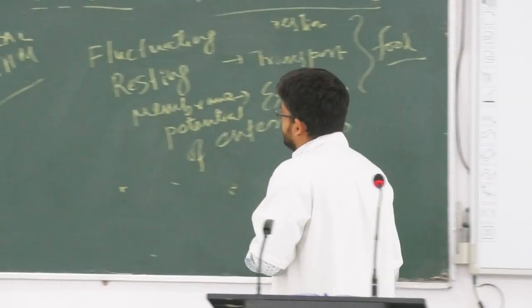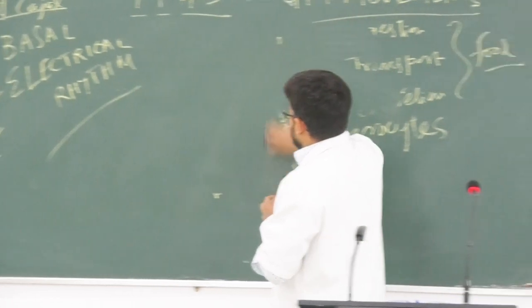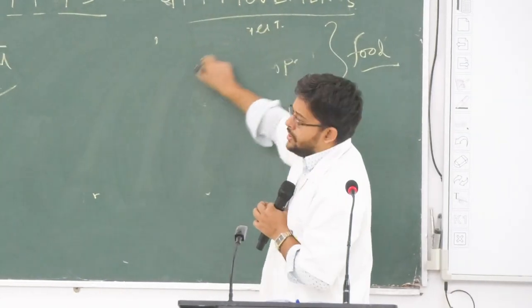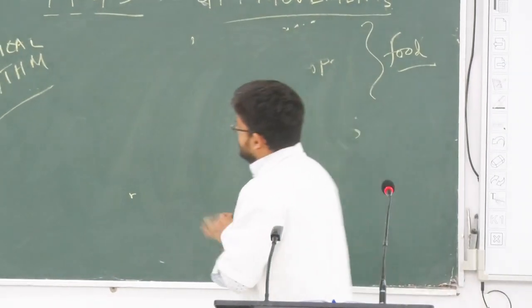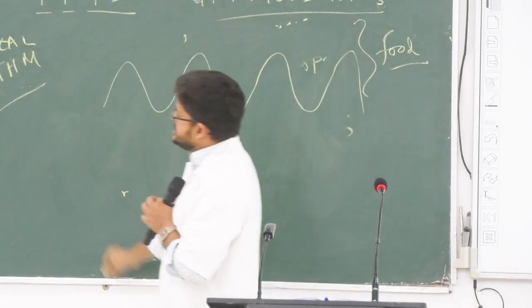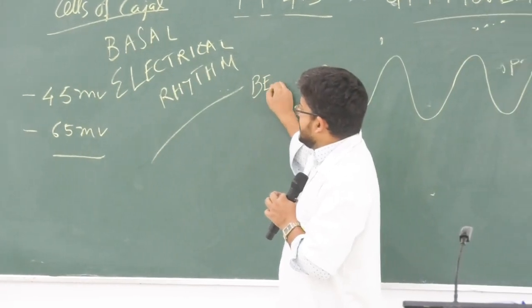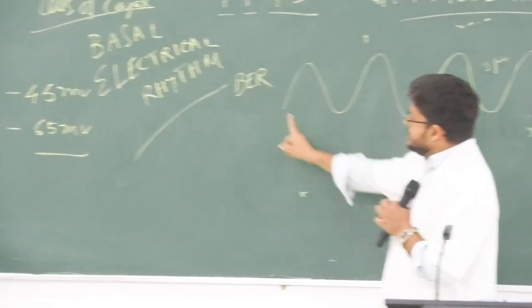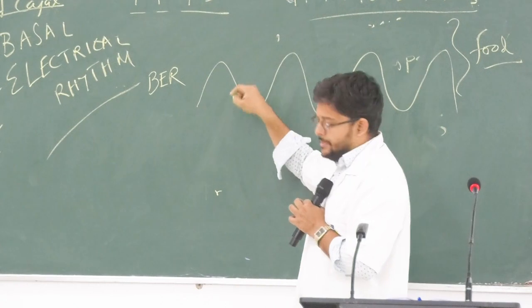তাহলে পুরো পিকচারটা যদি আমি পাই, the picture looks like this. If we measure the resting membrane potential and the whole voltage activity, there is always some fluctuation in the voltage activity. And this is the basic or basal electrical rhythm. There is something going up and something coming down.